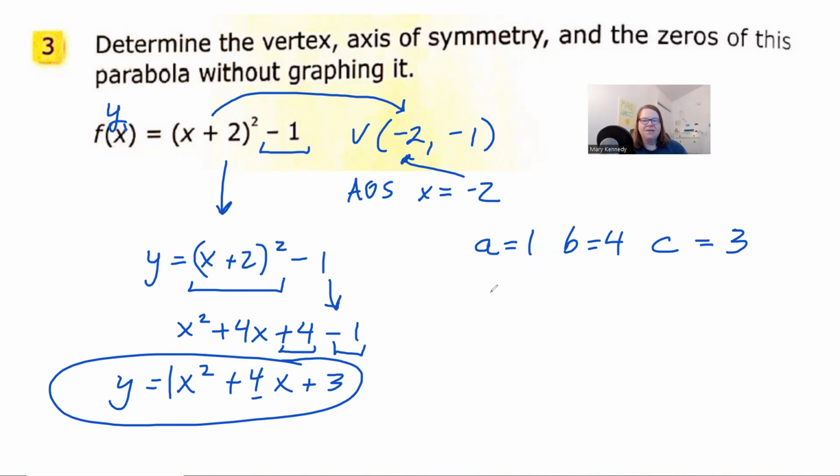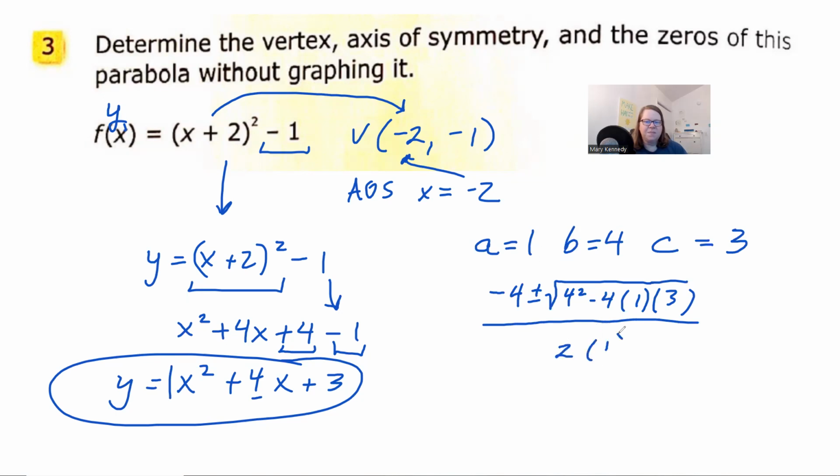And the quadratic formula says -b, so -4, plus or minus the square root of b squared, so 4 squared, minus 4 times A, which is 1, times C, which is 3. And all of that is over 2A, and A is 1.